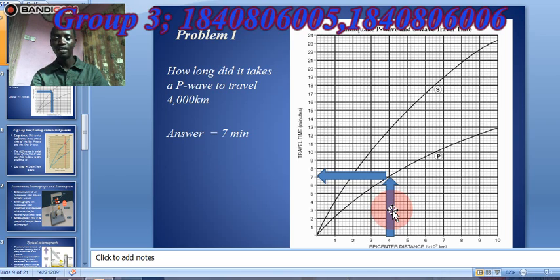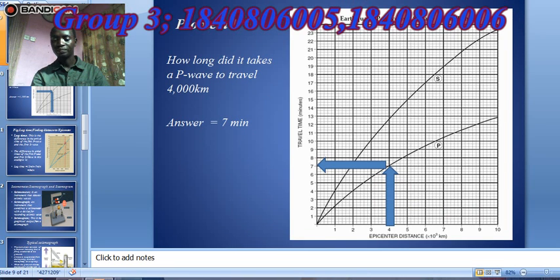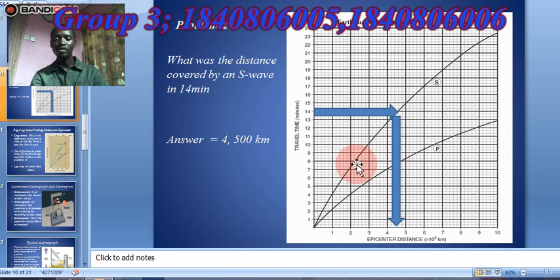So the second problem is, what was the distance covered by an S wave in 14 minutes? We are given the time information, so we quickly go to the time axis and locate 14 minutes. We now extend an arrow that touches the S wave curve, since we are talking particularly about the S wave.